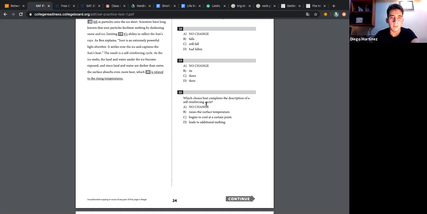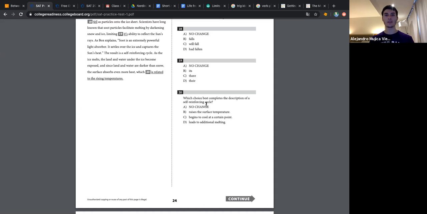I think you're nodding your head. I think the key word here is cycle. Yeah, absolutely. In this case, we need to look beyond just the simple rules that we established before. It's a self-reinforcing cycle. Self-reinforcing means it happens by itself. It brings about itself.